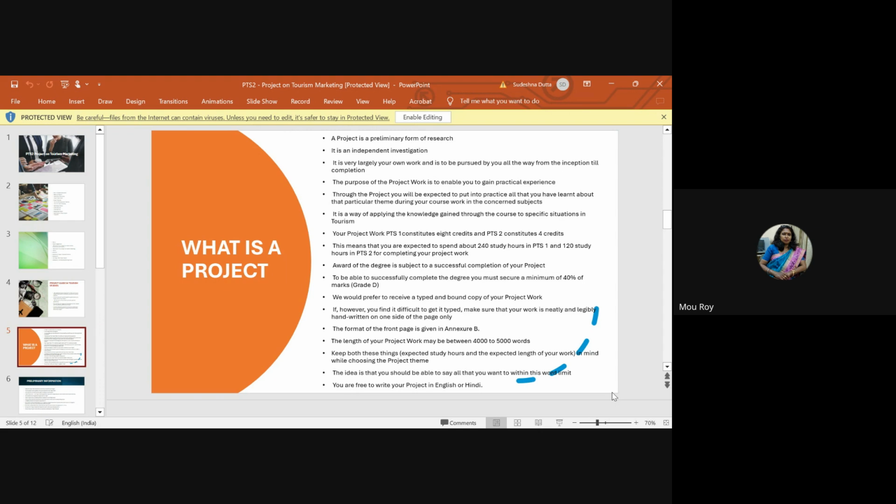Then if you do a bit of Google search, Google Scholar, you'll have an idea. Before doing any investigation, you have to collect data, because unless you collect data, you cannot do the study.